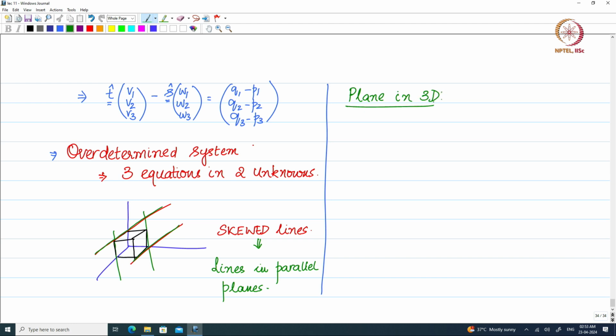Let us take this: let pi be the plane passing through the origin and perpendicular to a vector u.